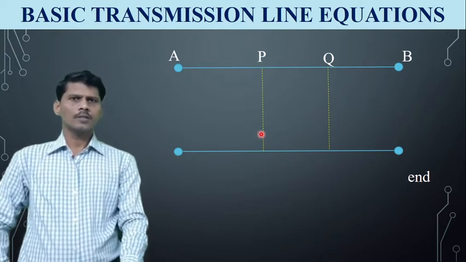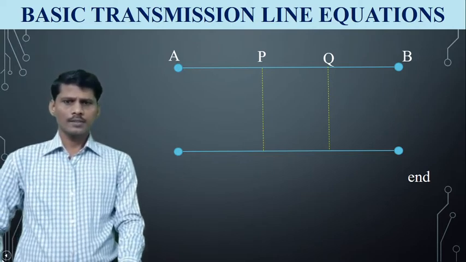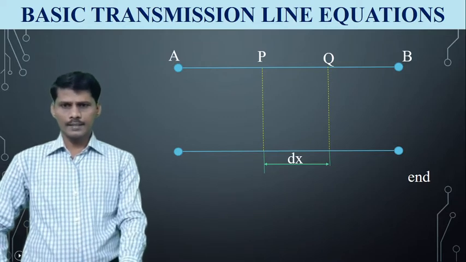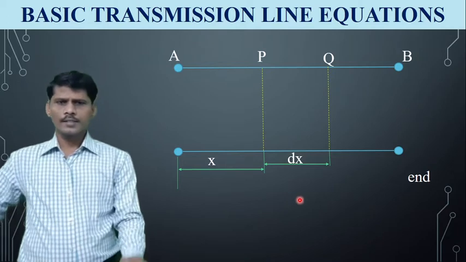The short section of the transmission line is considered at a distance x from the sending end. The length of the short section is dx.